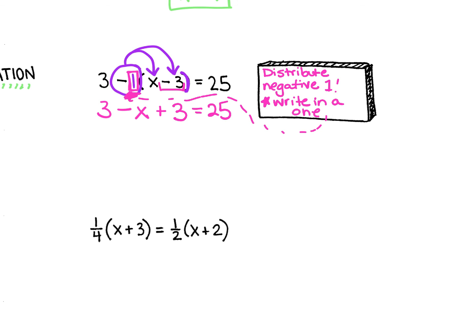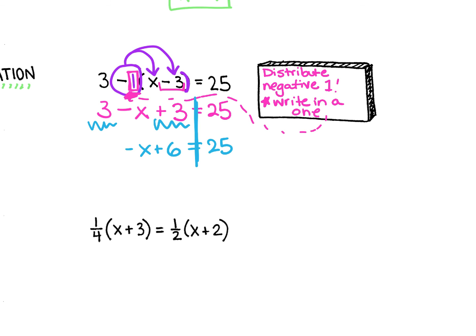So again, this is a strategy to help you. Now what I'm going to do, I have my equal sign. I have some like terms. I have a 3 and another 3. So 3 plus 3 is going to be 6. This is negative x plus 6 equals 25.